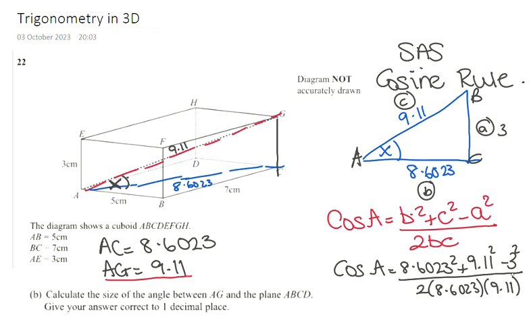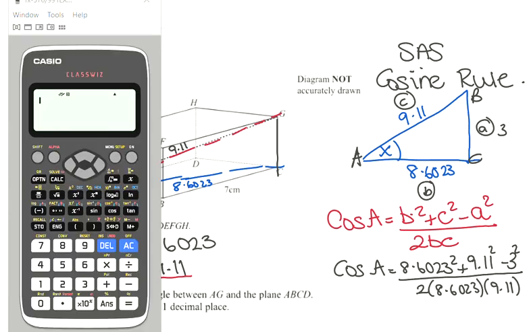And if we put this in the calculator, so I'm going to do this as a fraction first. 8.6023 squared plus 9.11 squared minus 3 squared divided by 2 multiplied by 8.6023 in brackets multiplied by 9.11.